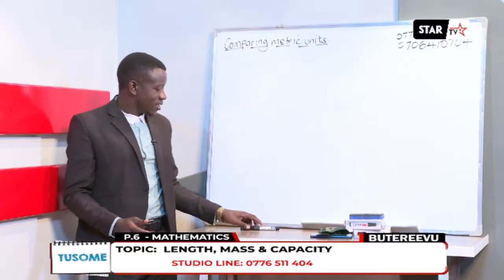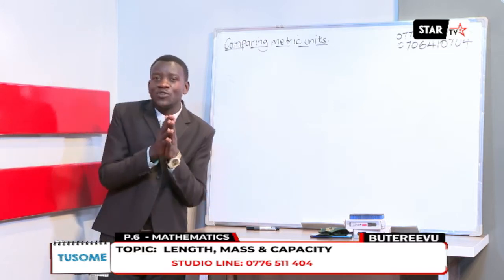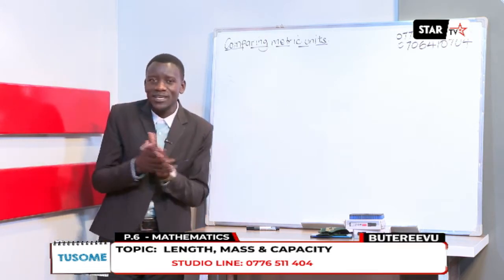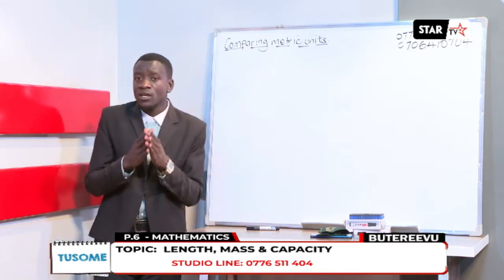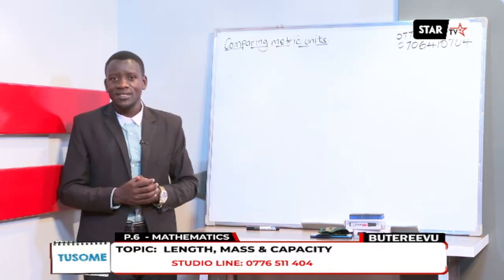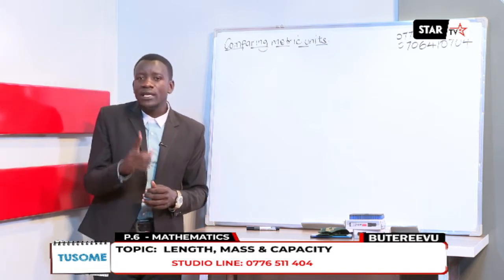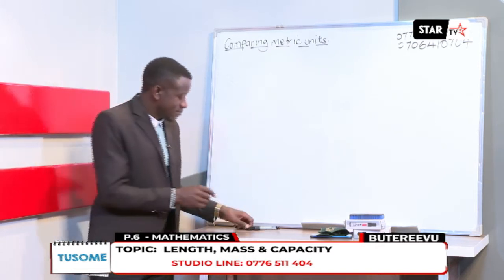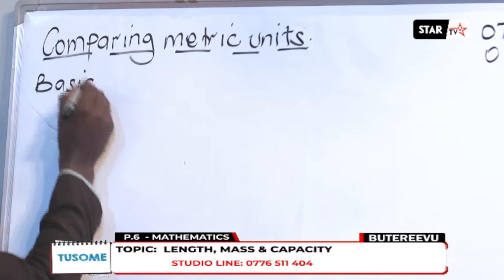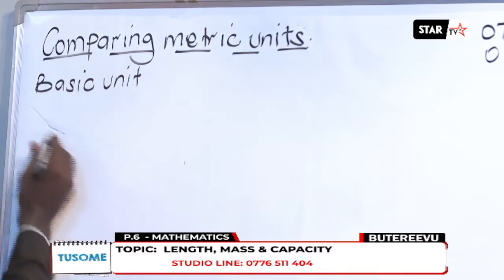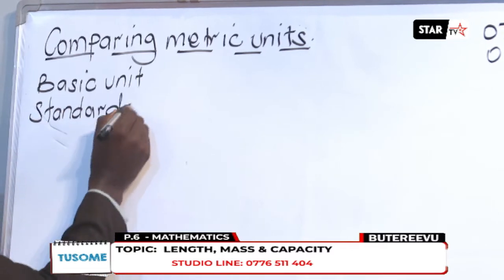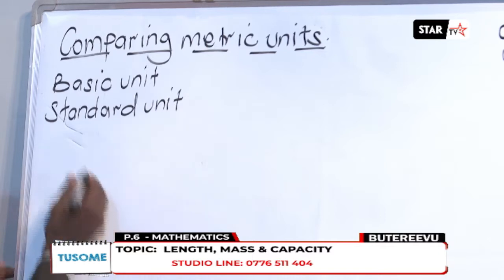I know you can guess what metric units are. When we are comparing other metric units, we are going to compare them with what we call the basic unit, or the standard unit.